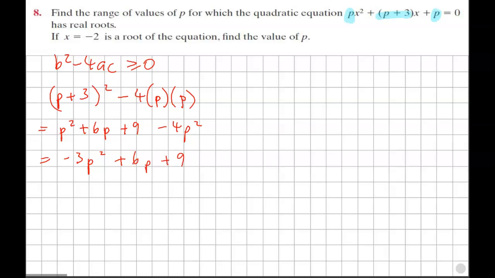Okay, and what I would say to you here is I could appreciate the fact that 3 is a common factor. So when I'm dealing with factorizing this, I could choose to potentially divide by 3. If I divide by minus 3, then I'd need to deal with the fact that I need to turn the inequality direction in the other direction.